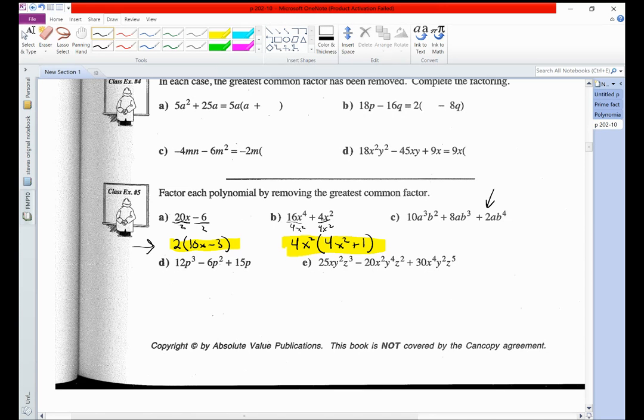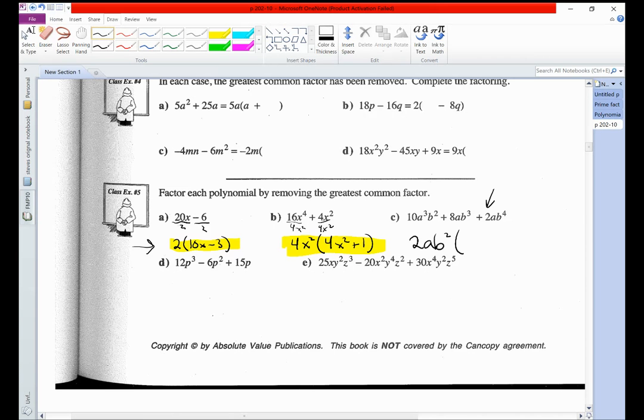So we can only pull a 2 out of all of them, and they all are divisible by 2, which is great. How many a's can we pull out? There's 3 a's in the first term and 1 a in the second and third term, so we can pull an a out. And there's 2 b's in the first term, 3 in the second, and 4 in the third term, so we can pull out a b squared.